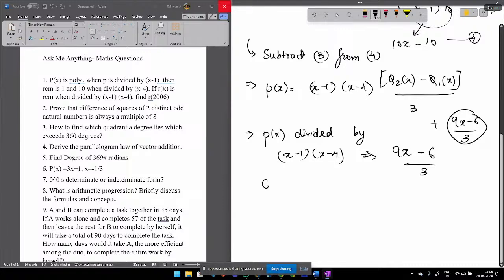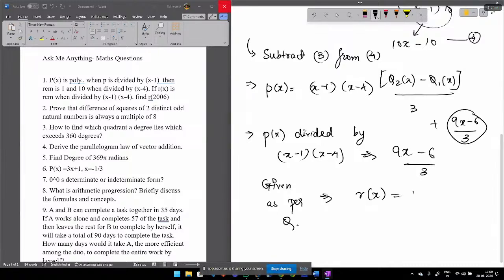And according to the given equation, as per the question, what have they said? That when we are dividing P of x by x minus 1 and x minus 4, the remainder is R of x. So what is our R of x? R of x is 9x minus 6 upon 3, which is 3x minus 2.